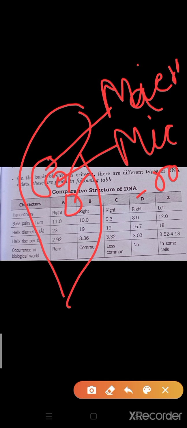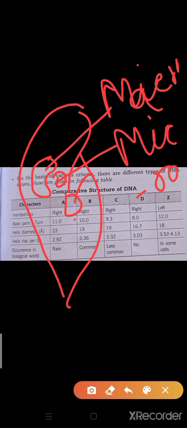The macronucleus works as a somatic DNA, which means it is not related with reproduction; it governs all the activities inside the cell except reproduction. But the micronucleus is responsible only for reproduction.